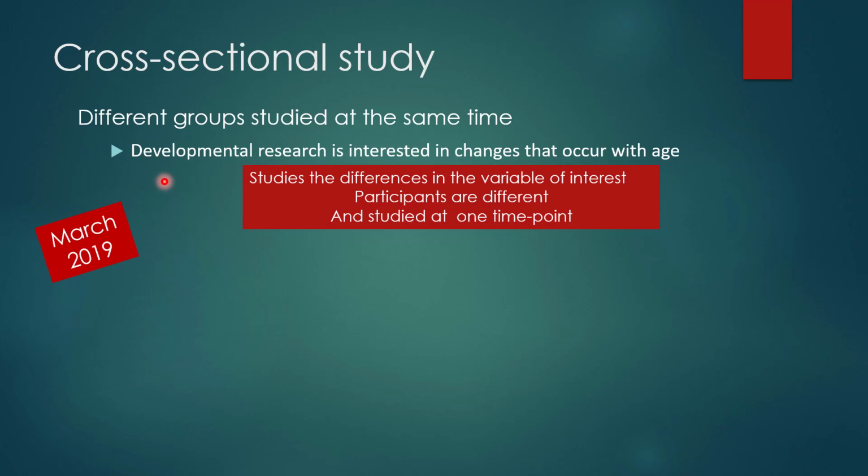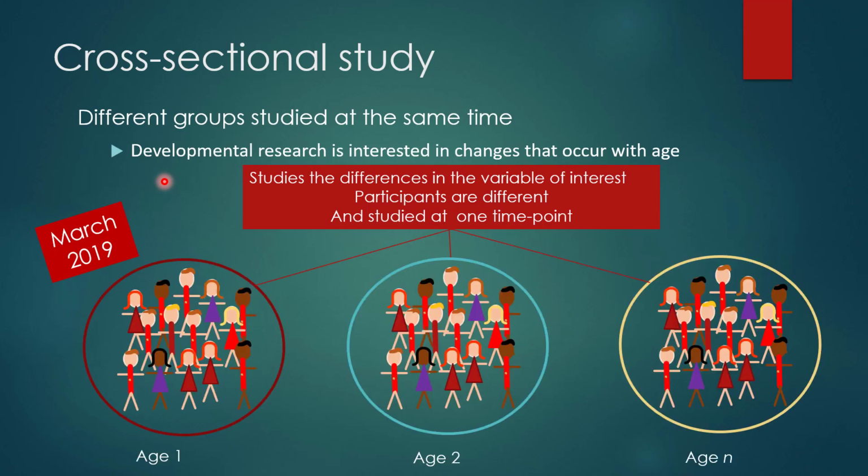So here, for example, in March 2019, maybe I studied individuals that were age 1, age 2, and whatever other ages I wanted, 3, 4, and 5, and I measured them on some variable of interest to see how they differed, whether it was their ability to reason or comprehension of language or something else that developmental psychologists might be interested in.